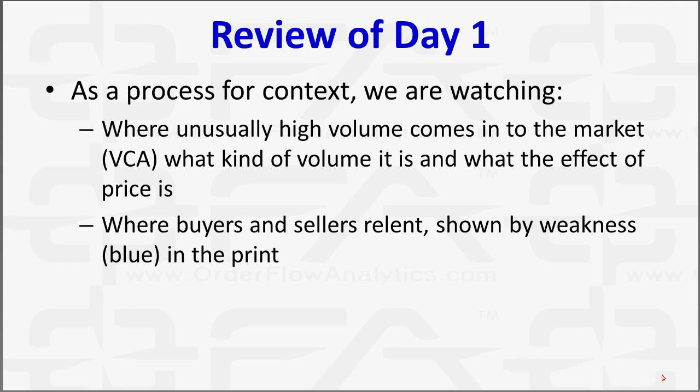We can see that, in fact, sellers have stepped aside, so to speak. We want to make note of that, and what it's saying is in that area, buyers don't see value, and we want to, as part of the auction, understand and make note that that is an area for the day at that point in time of weakness by the sellers.